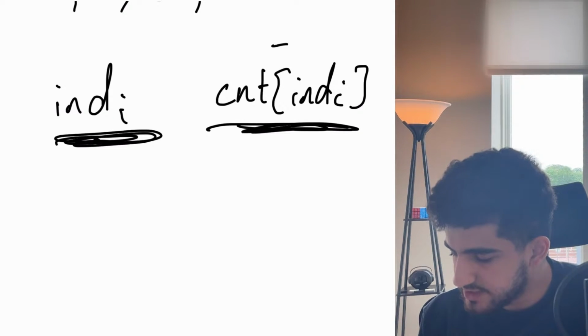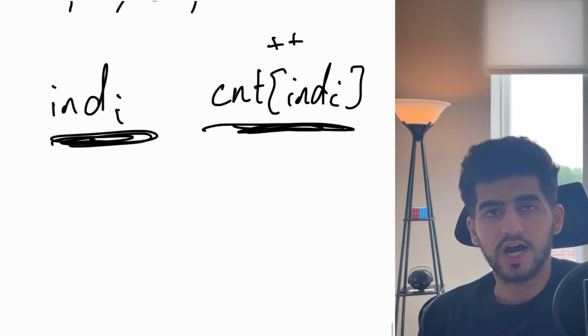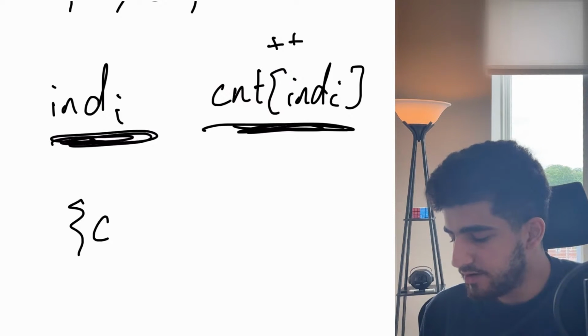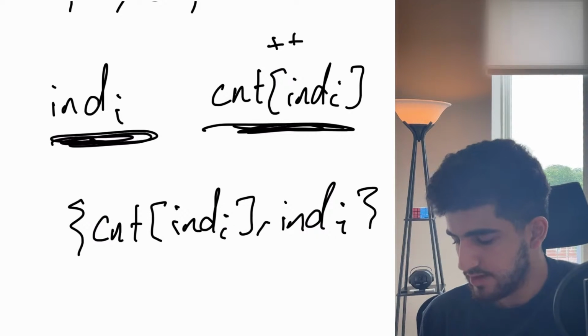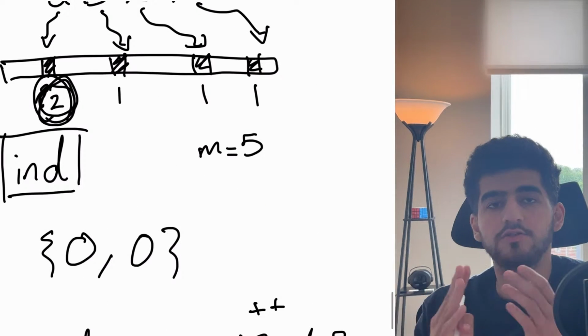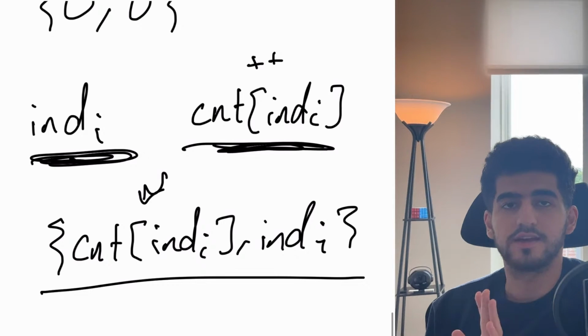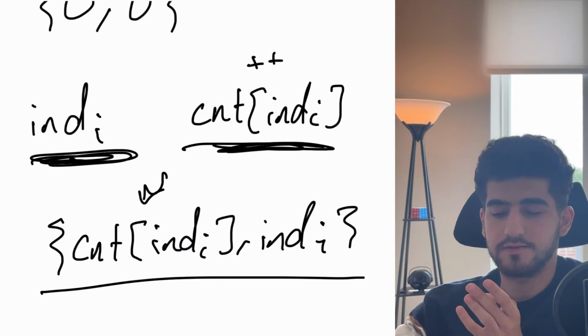Each time I increase this value by 1, so it keeps track of how many times I've seen this value. Then I can sort everything by the pair of cnt of ind of i and ind of i. This way, the second time I see it, it goes to the end, because its first value is 2, not 1 anymore, and it will be given the worst character.